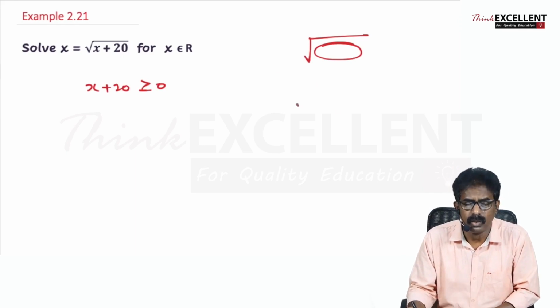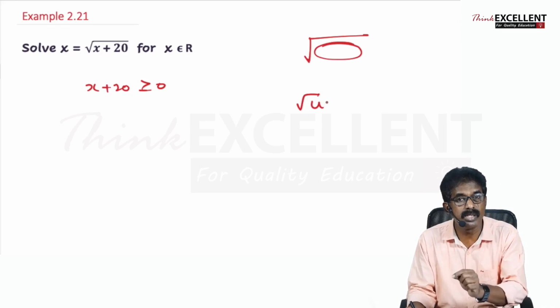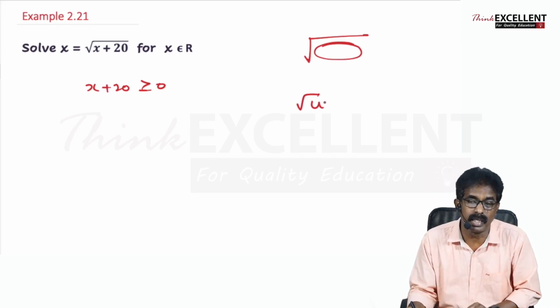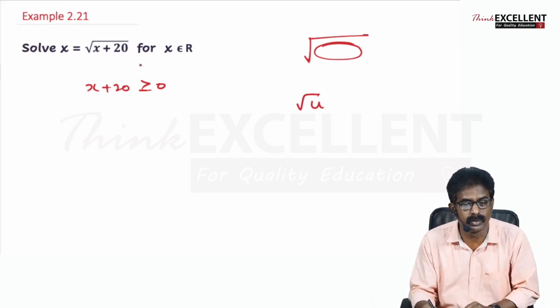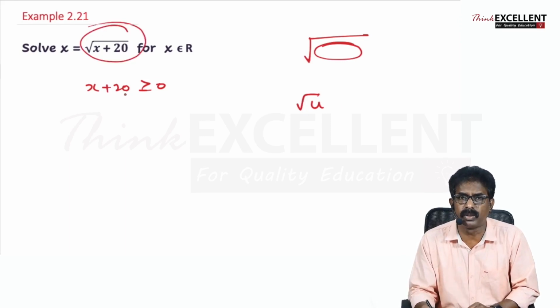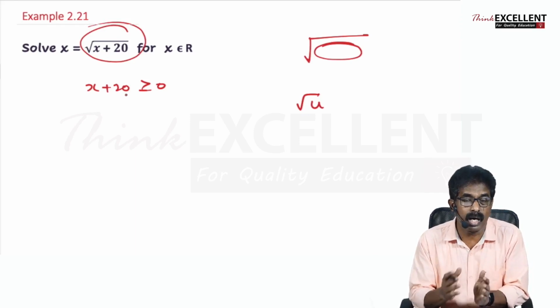Another thing, root of u. By this we mean the positive value only. We take only the positive value here. So here, root of x plus 20, that means we take the positive value. Positive value means it is greater than 0 or at least 0.